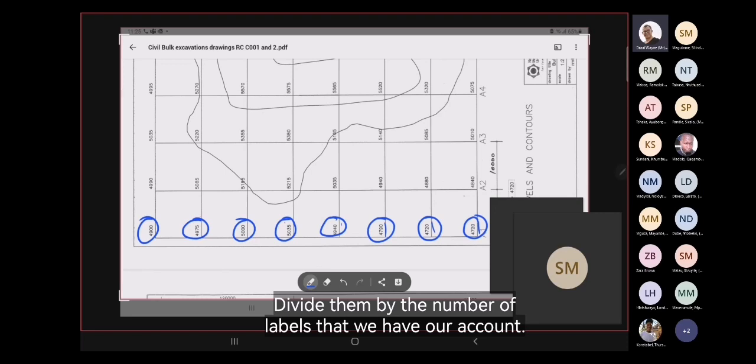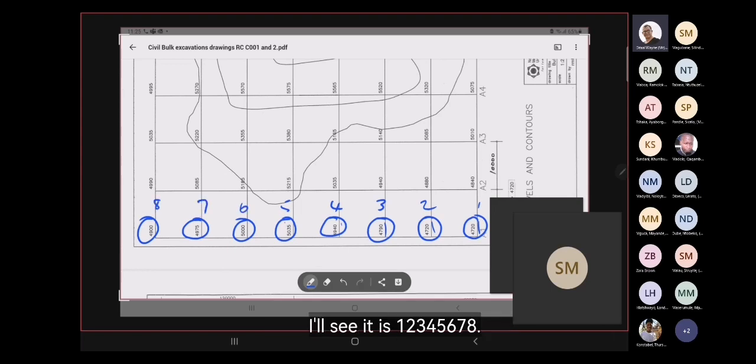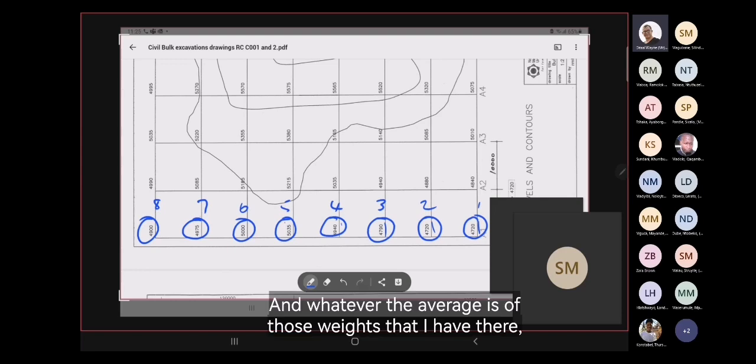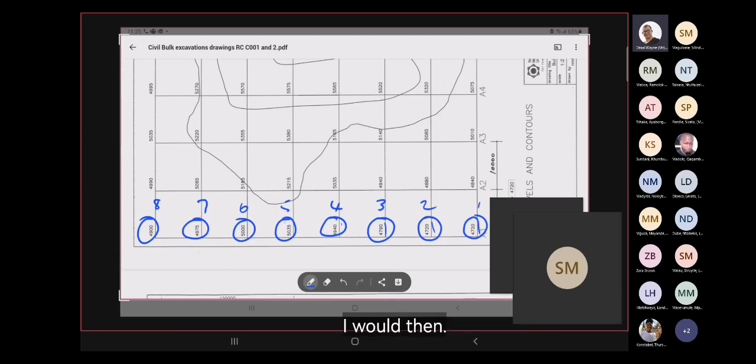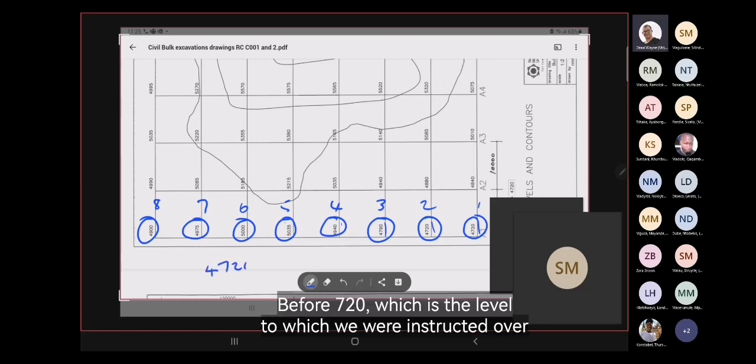If I count, it is 1, 2, 3, 4, 5, 6, 7, 8. Whatever the average is of those levels, I would then subtract 4,720, which is the level to which we were instructed to reduce these levels.